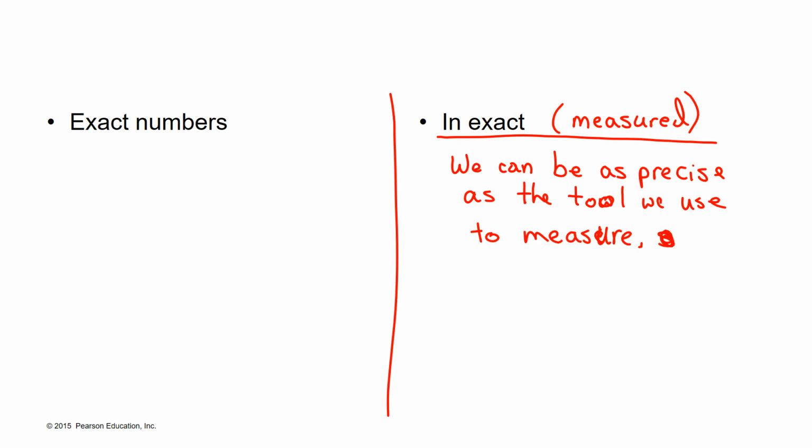So if you're trying to be really, really specific with your measurements, you want a more precise tool. If you're not being as specific with it, you can use a tool with less precision.